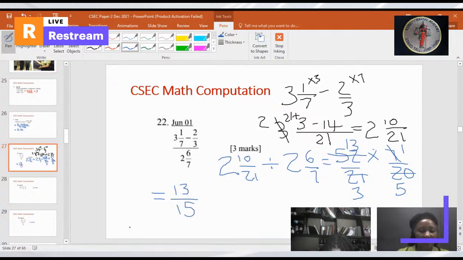Can it be reduced? No, because 13 is a prime number, which means it only has two factors, 1 and 13. So it cannot be reduced.